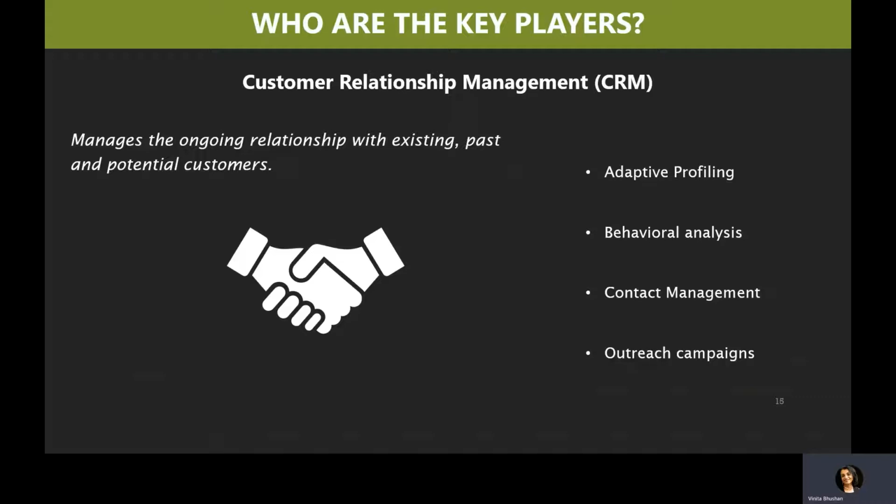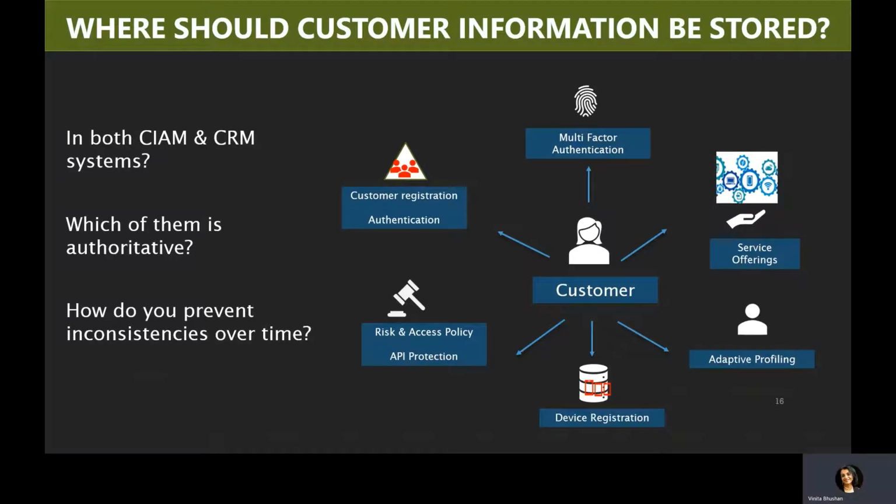So the CRM solution is looking at the profile of the customer, and the CIAM solution is looking at authenticating the customer. Here's the customer, same person. Their data is being used for different purposes within the organization. The question now is, where is this data stored and how is it used, right? And how do you prevent inconsistencies if you have multiple systems maintaining the data for the same customer?